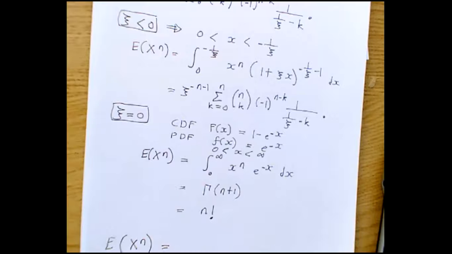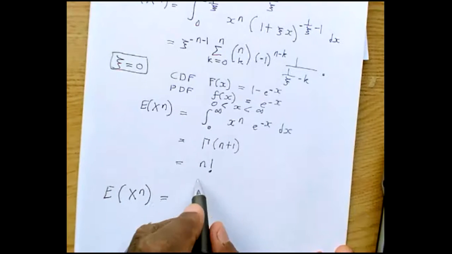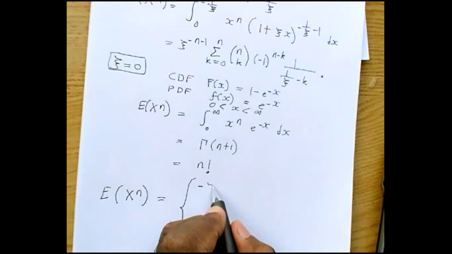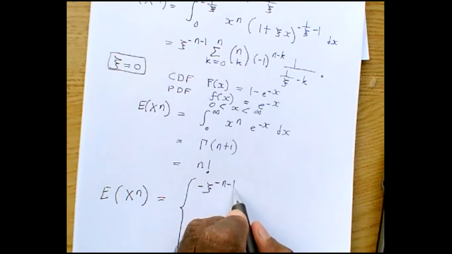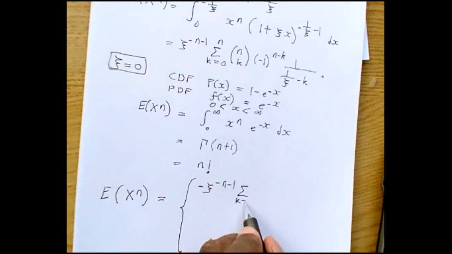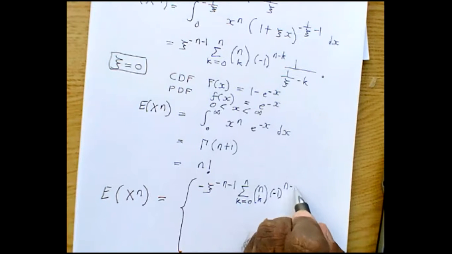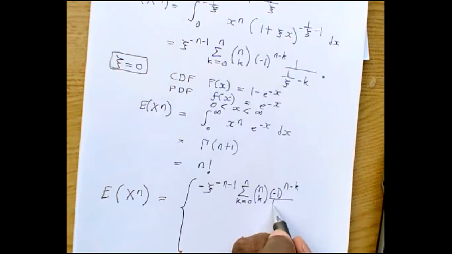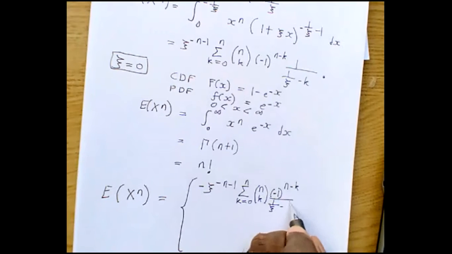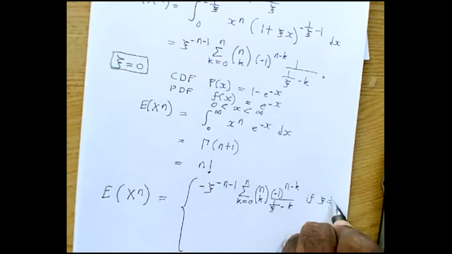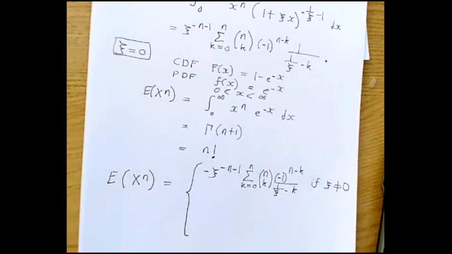let me summarize. So the nth moment of x takes two different formulas, right? The first formula is this, that's when psi is not equal to 0.